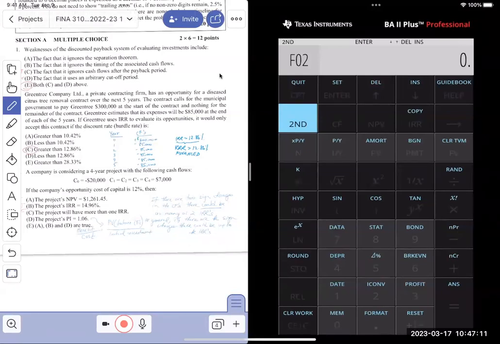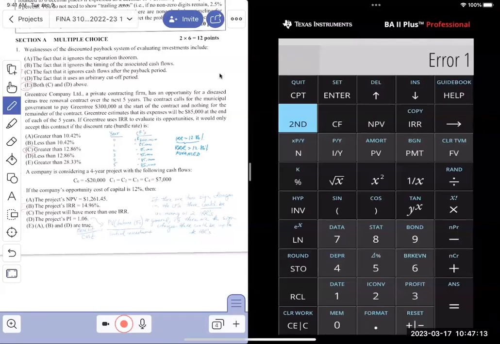And then ask for NPV with a discount rate of 12. So that's the present value of future cash flows because I put a 0 first. And then divide by the cost of 20,000. And you get 1.06. Let me know if you want me to do that again.